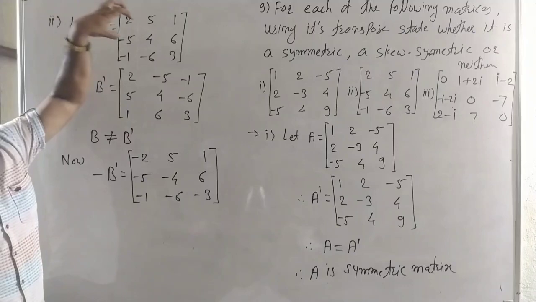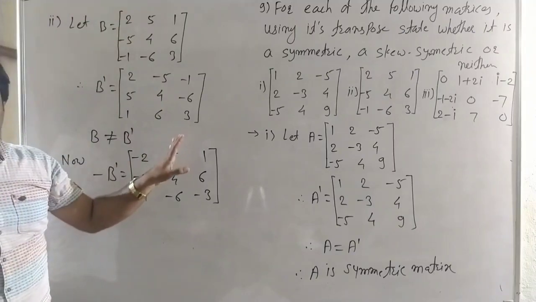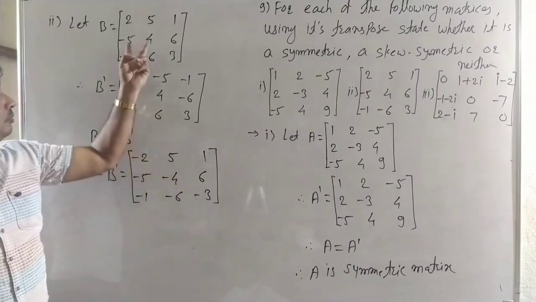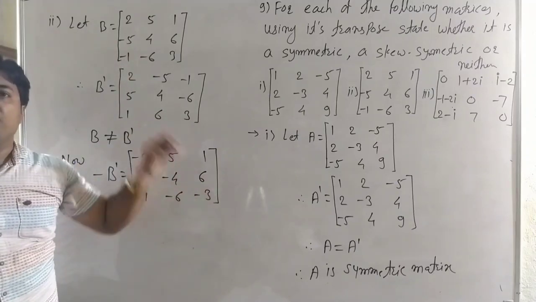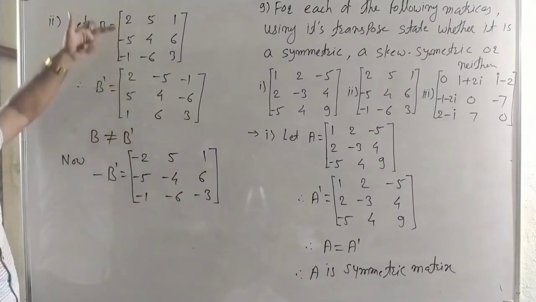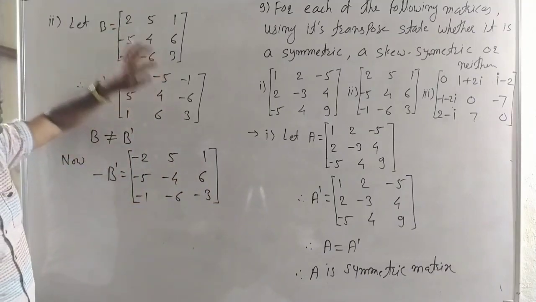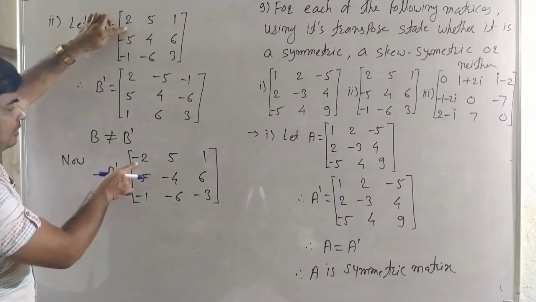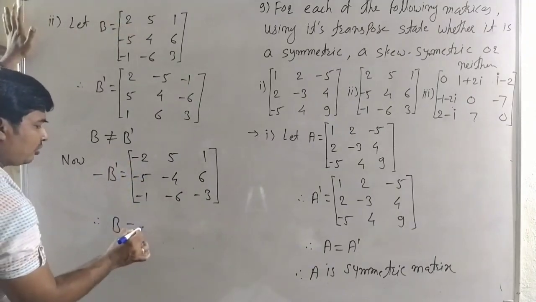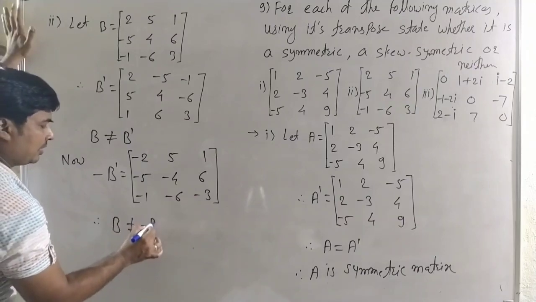The first row, first element is not equal. If all corresponding elements are the same, then the matrices are the same. If any one corresponding element is not equal, then the matrices are not equal. Here it is 2 and it is minus 2. Therefore B is not equal to minus B dash.